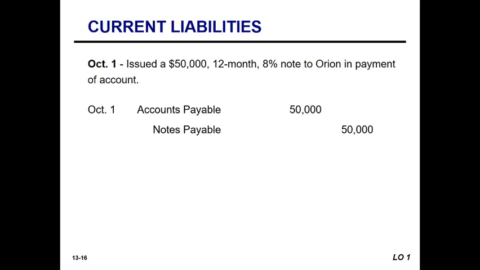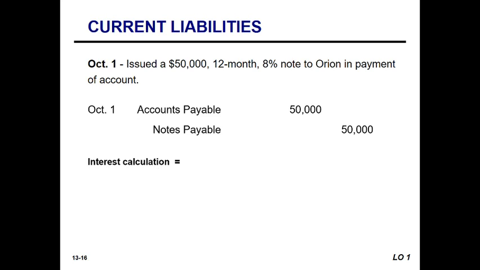So we took this from an accounts payable to a notes payable, showing the difference in the terms regarding this $50,000. Now, it is 12 months, so it is within 1 year, so this is probably still teetering right on the current liability side. However, if this had been an 18-month note, then it would be a long-term notes payable.